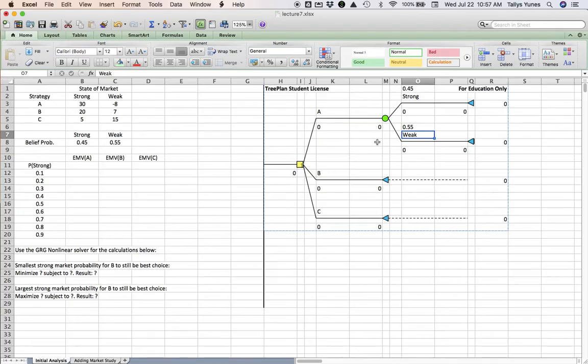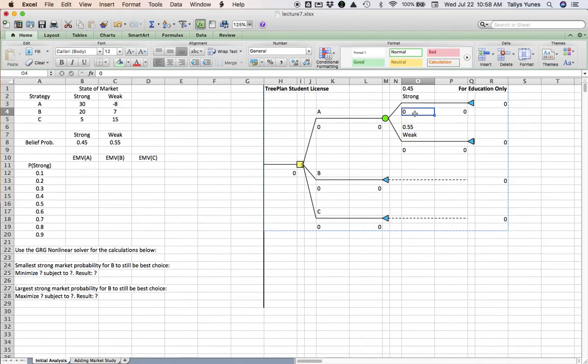Okay, great. Now, below the labels is where we put the payoffs, right, for that particular event. So if I chose aggressive strategy and the market turns out to be strong, what is my payoff? It comes from here, right? So it's this 30.